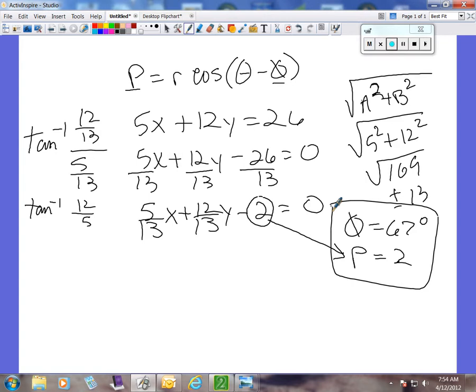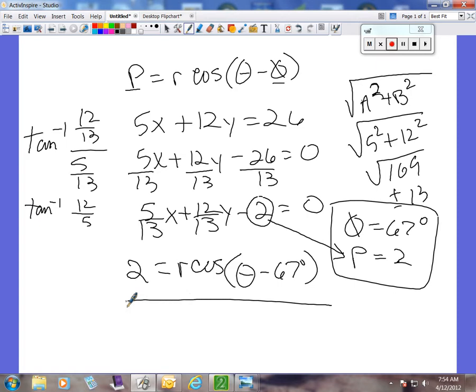X is positive and Y is positive, so we're in the first quadrant. So 67 is the degree measure. Otherwise, it's a reference angle if we're in a different quadrant. So now we can write our equation. So we replace P with 2 equals R cosine theta minus 67 degrees. Now there's the polar form of that line, polar equation of that line.